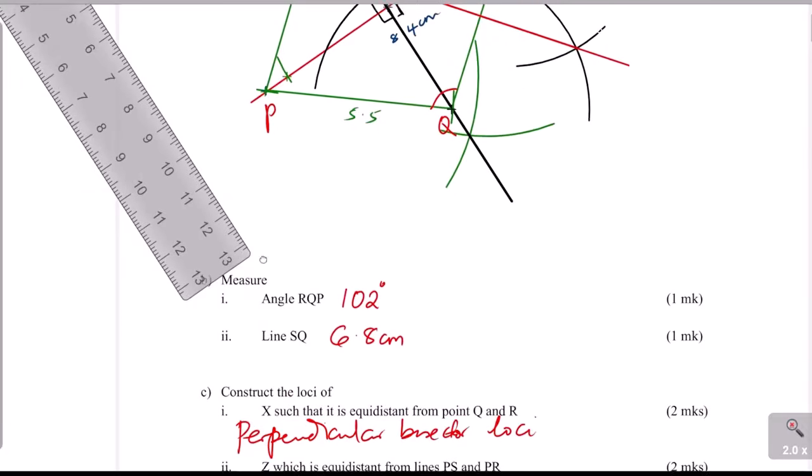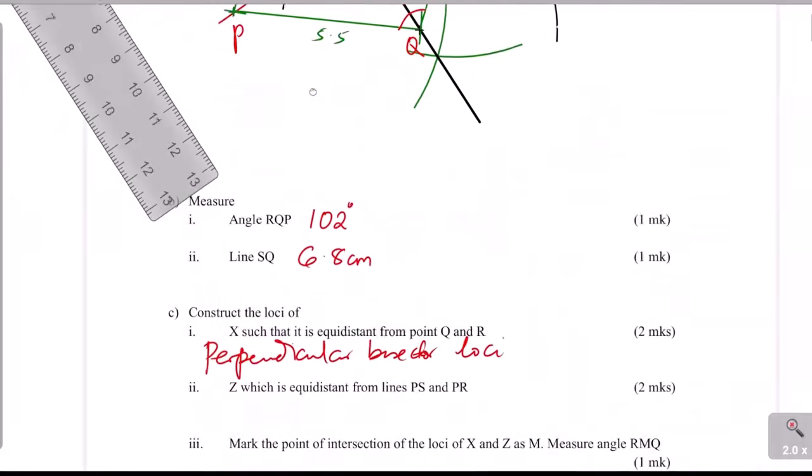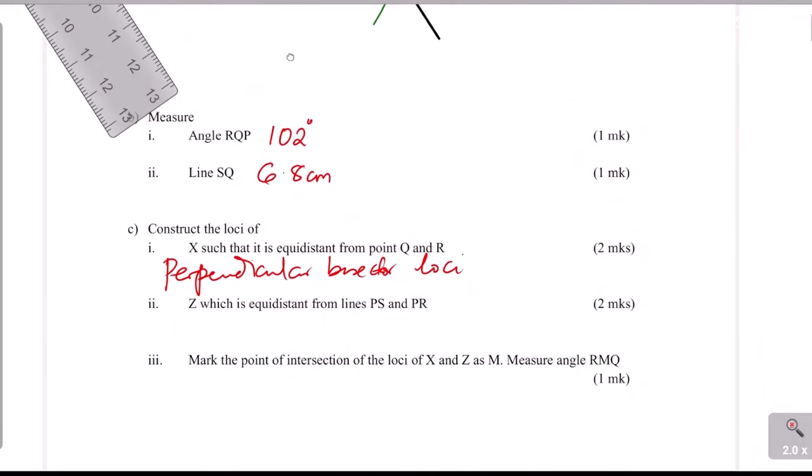So the loci of X, let me indicate it there in the diagram. So this is the loci of X. Then the next one is Z, loci of Z, which is equidistant from line PS and PR.